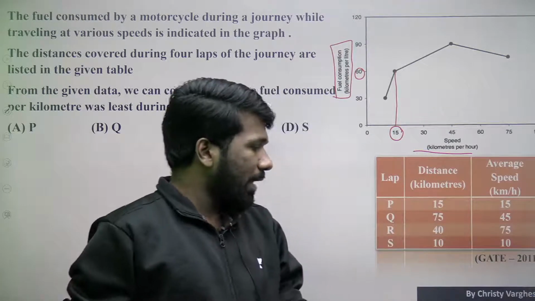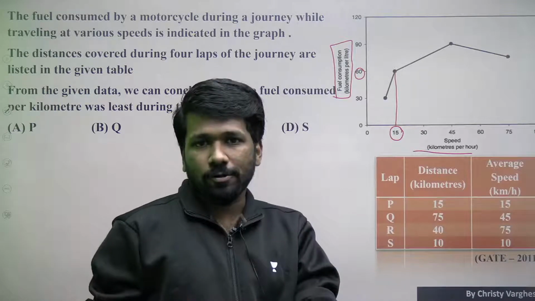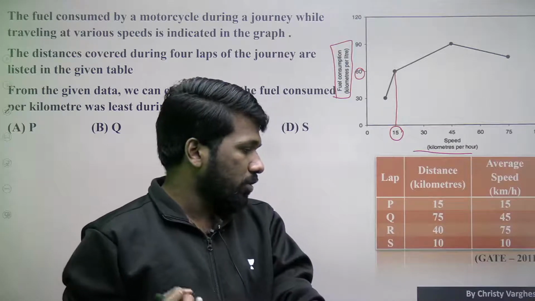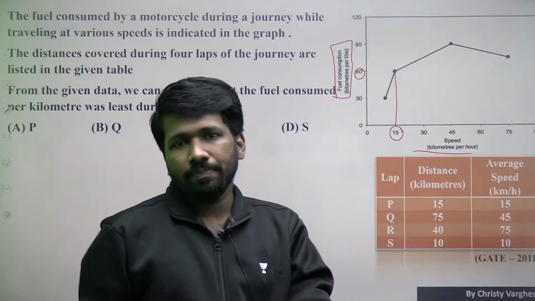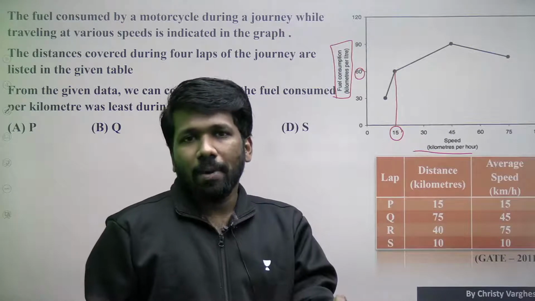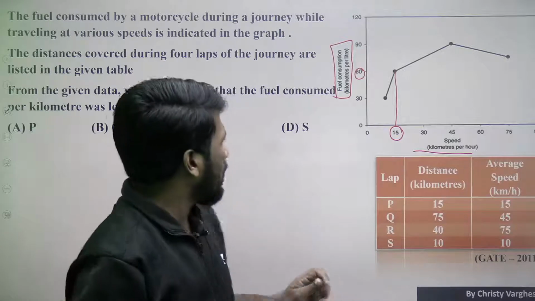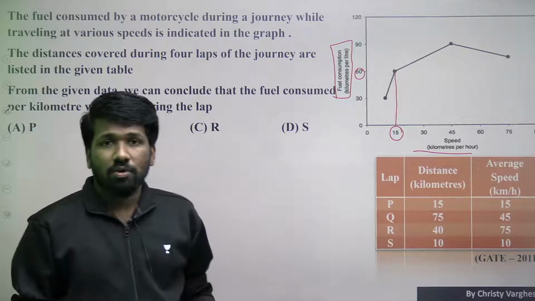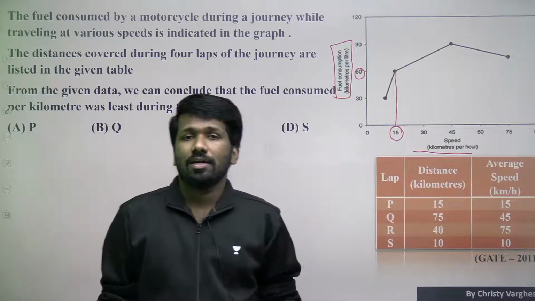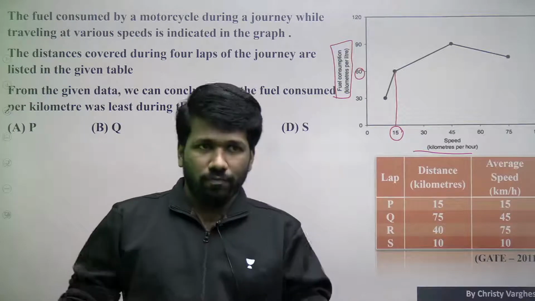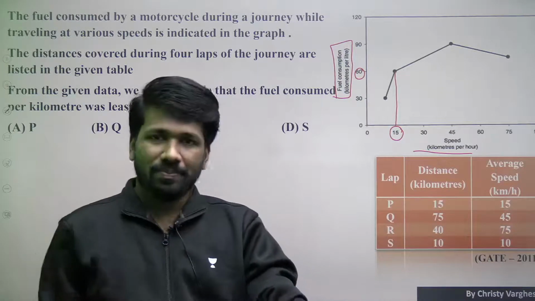That is how you practically say it in real life also, na? For your scooty or your bike or your car. Mileage we say in terms of kilometer per liter, how many kilometers you can travel per liter with that bike while going at this speed.